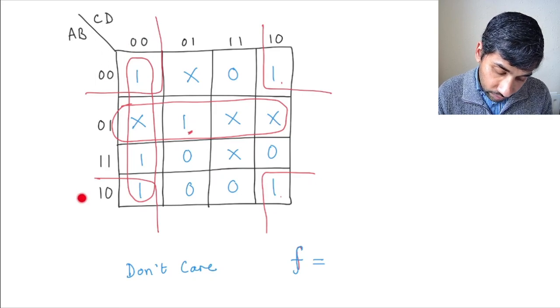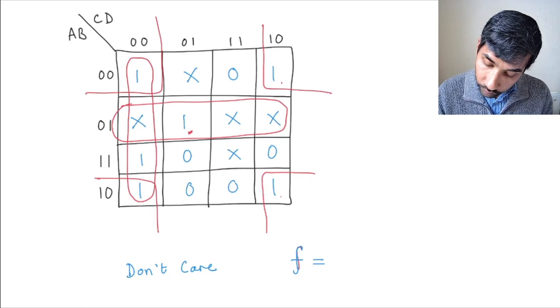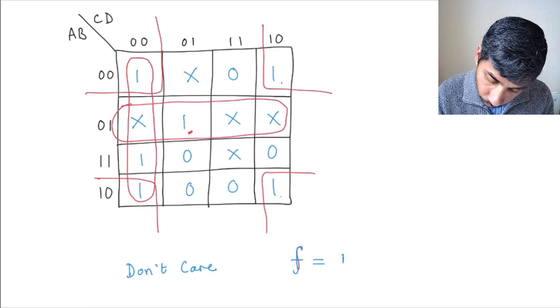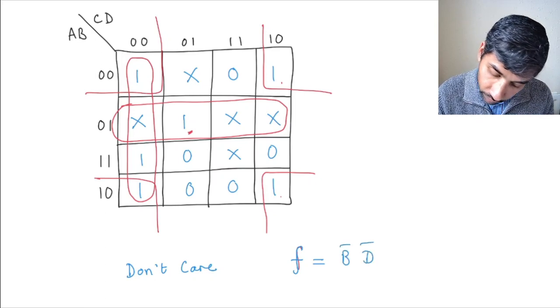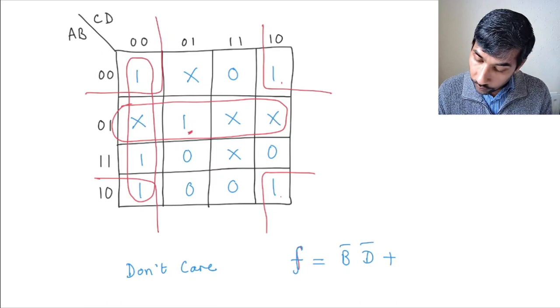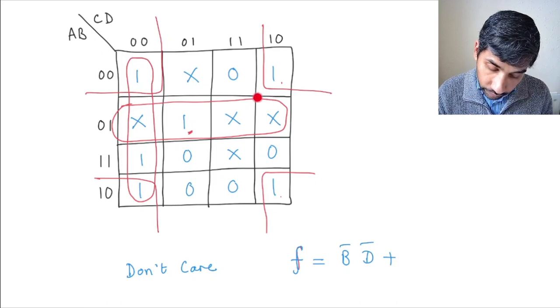And between these two, A is changing, so A disappears. So you have B bar and D bar. So your term is going to be B bar D bar plus, let's take a look at this group.